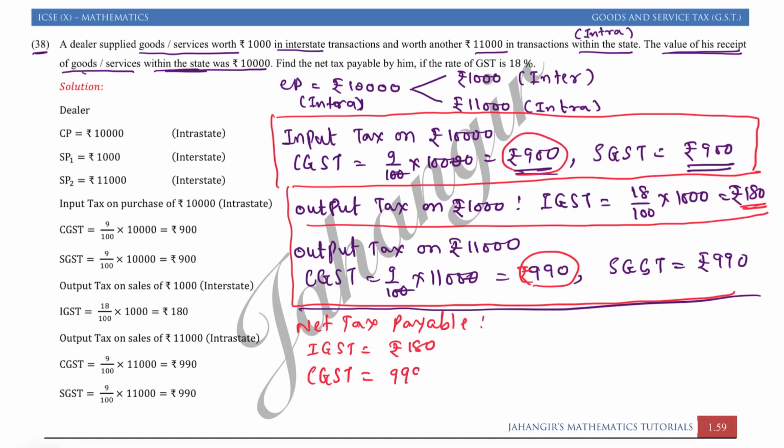So we will write 990 minus 900, that is equal to rupees 90, and SGST is also 990 minus 900, that is equal to rupees 90. This is an adjustment question, but it's simple. You have to just find input, output, then make some adjustment.